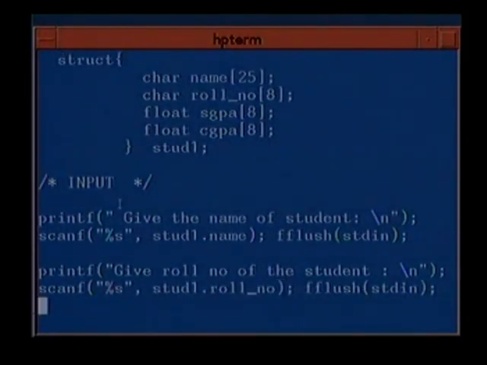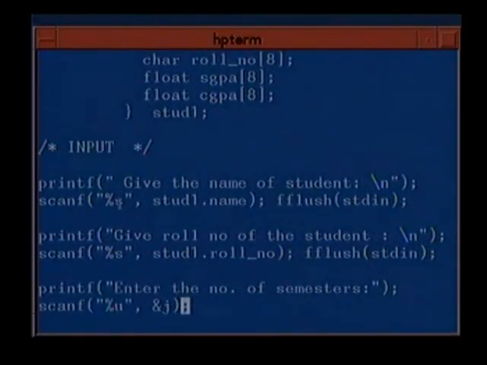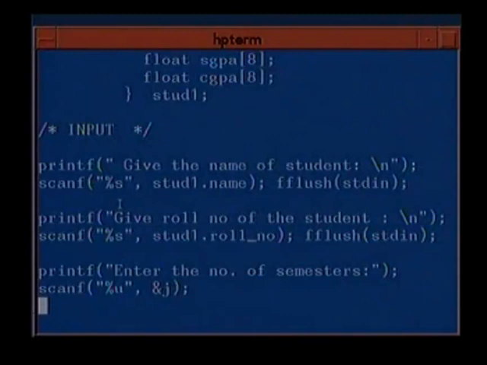Again similarly we take in the roll number. Next we take in the number of semesters, which is stored in the variable j. We have taken the number of semesters just to introduce the unsigned. We saw the unsigned format previously.